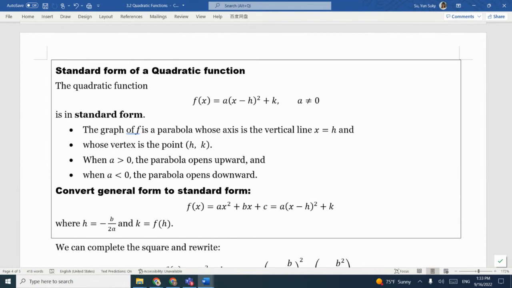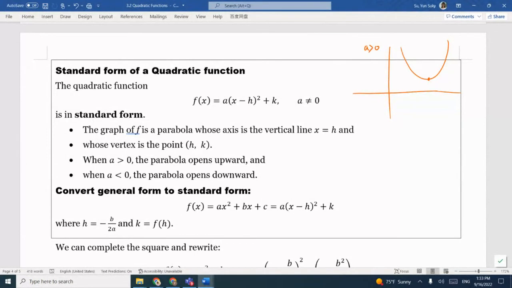And the vertex is, okay, you think about when the y is the smallest. Okay, so if we draw the picture, let's say the picture looks like this. And let's say a is positive, then our parabola opens up. And you think about, okay, what is the smallest possible y value?